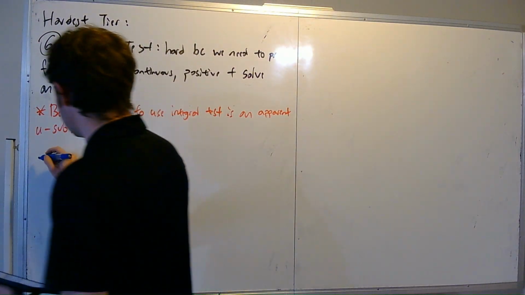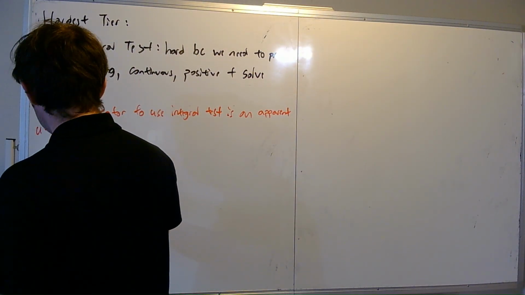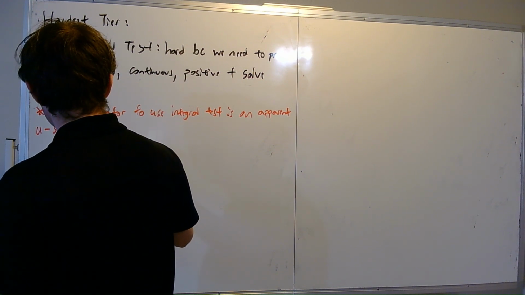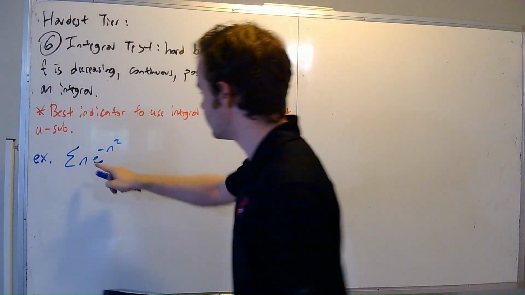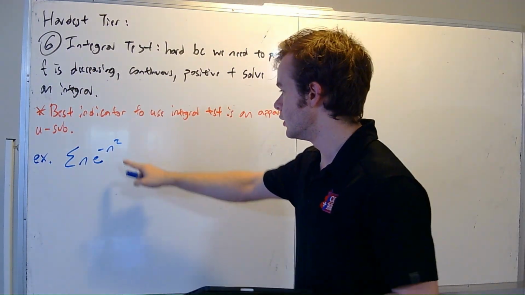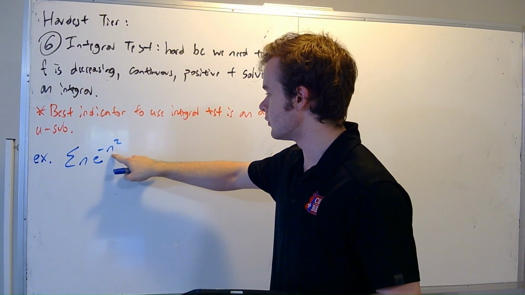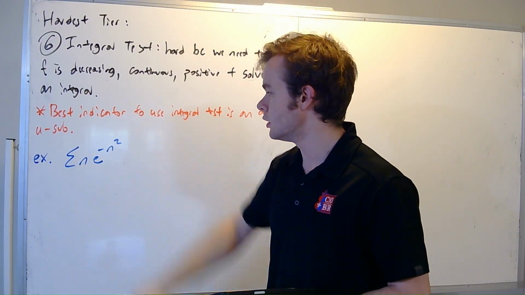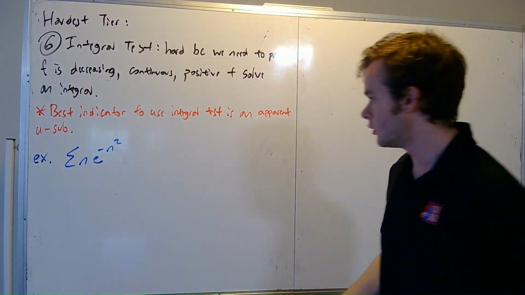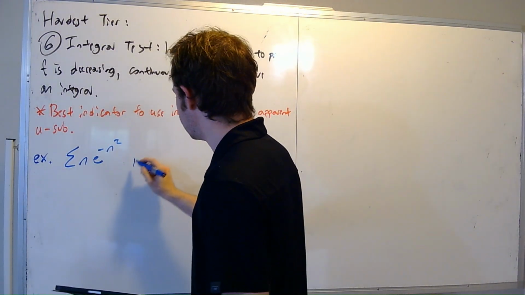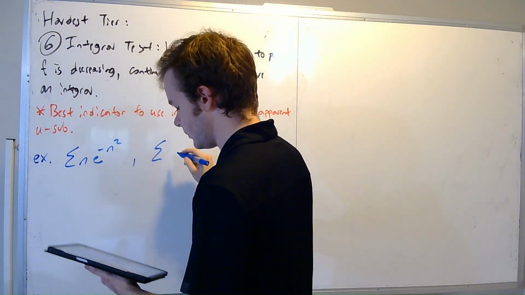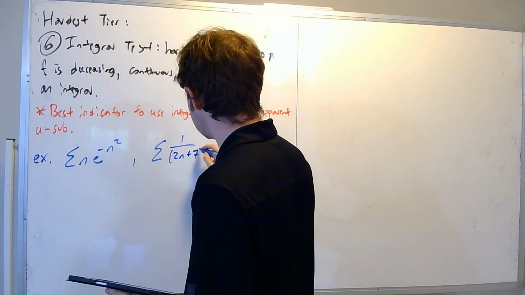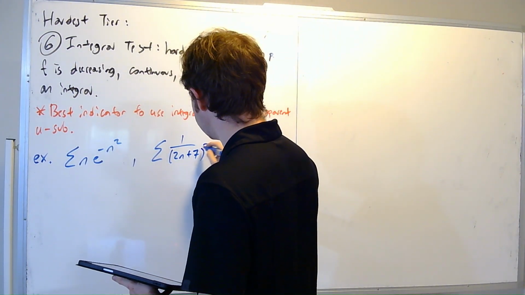So let's say, for example, we have the sum of n times e to the negative n squared. Then here you can see if you were solving this integral, you would just let u equal to the negative n squared, and then a version of its derivative appears right here, since you have n right there. And another example would be, let's say you have the sum of 1 over 2n plus 7 to the power of 3.